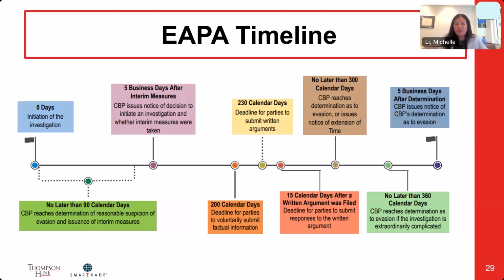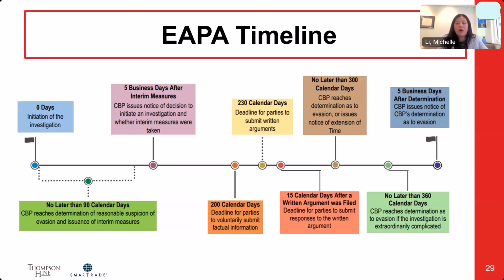However, guidance is not so clear on what that standard really means. But generally, CBP will make a decision on the interim measures based on the evidence in the allegation and on information it obtained itself, such as through issuance of CF-28s or its own research.